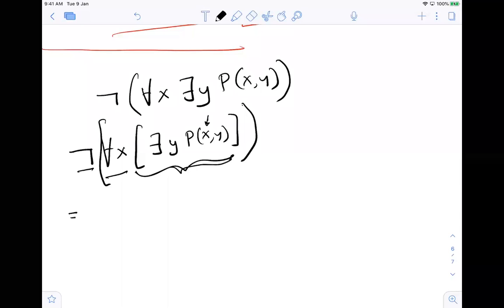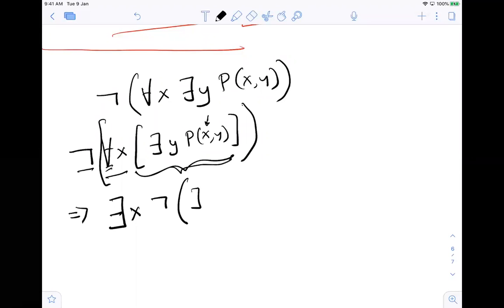So what should this be? By our rule, I should flip for all to there exists. Let x be x, and then I have to take a not of there exists y, p of xy.